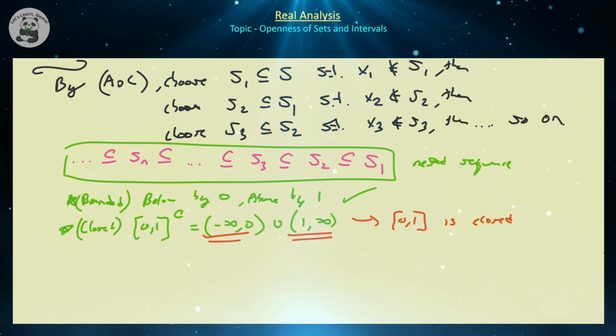Because if you build a neighborhood around 0, you're going to have some negative numbers in there. If you build a neighborhood around 1, you're going to have some numbers bigger than 1 in that neighborhood too. So that implies that it's a closed interval.